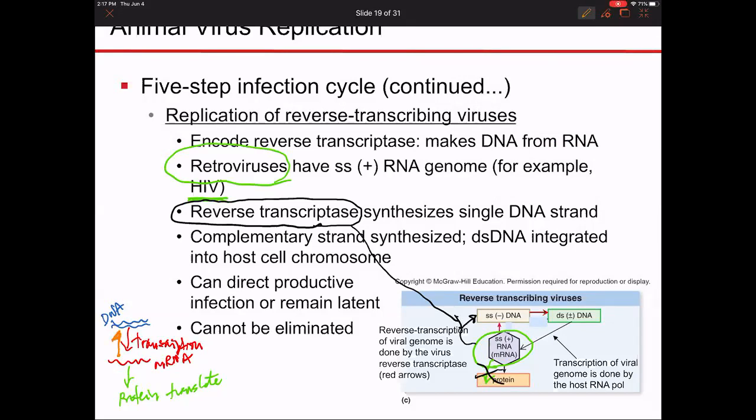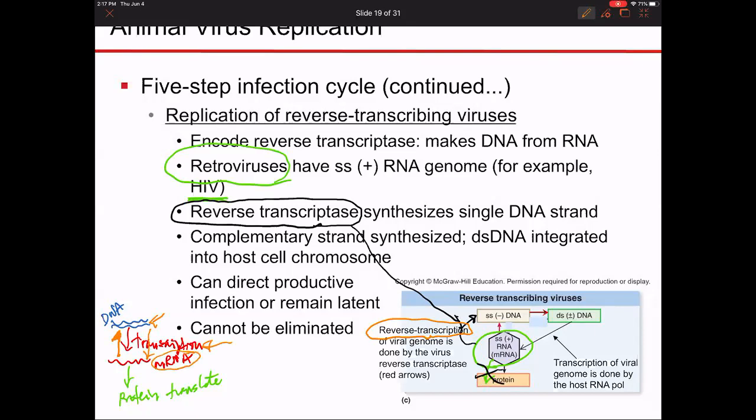And that's why we call this process reverse transcription, because it's the opposite of the transcription that you know until now. Transcription is using DNA as a template to produce the complementary RNA. Reverse transcription does the opposite.